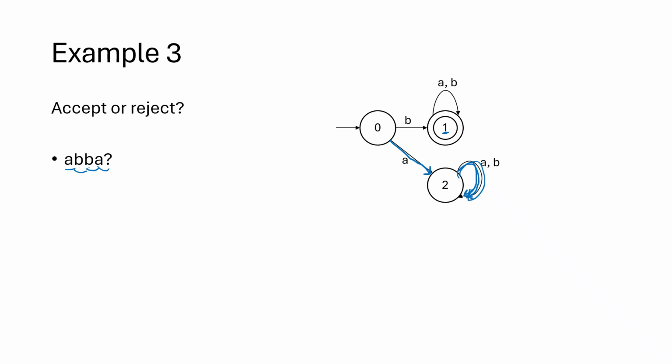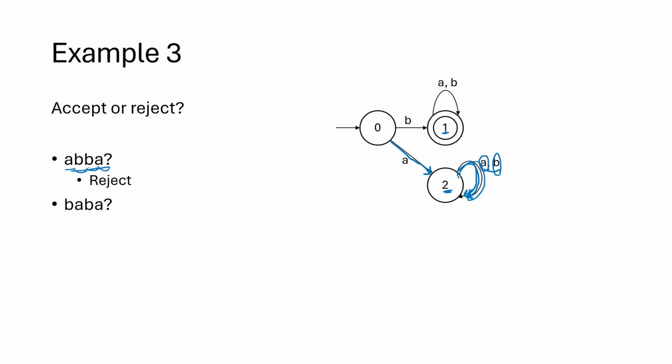By the way, when we have 2 symbols on the same edge, like A comma B, it is a shorthand for having 2 edges, one with A and one with B. So the same edge works when we read A or B. Okay, so going back to this example, we ended up at state 2 after finishing the entire input stream, and 2 is not an accepting state, which means that this will be rejected.